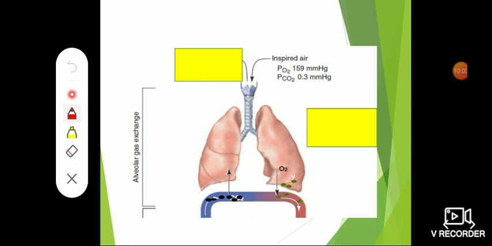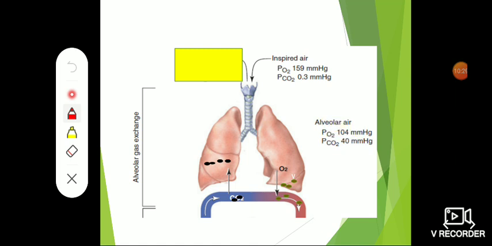Now in the lung there is a constant exchange taking place. Here you can see the oxygen is being taken into the blood and CO2 is delivered back into the alveoli. So when this inspired air comes into the alveoli, it gets mixed, because some amount of oxygen is going out and some amount of CO2 is constantly coming in. Due to this, the partial pressure in the alveoli will change.